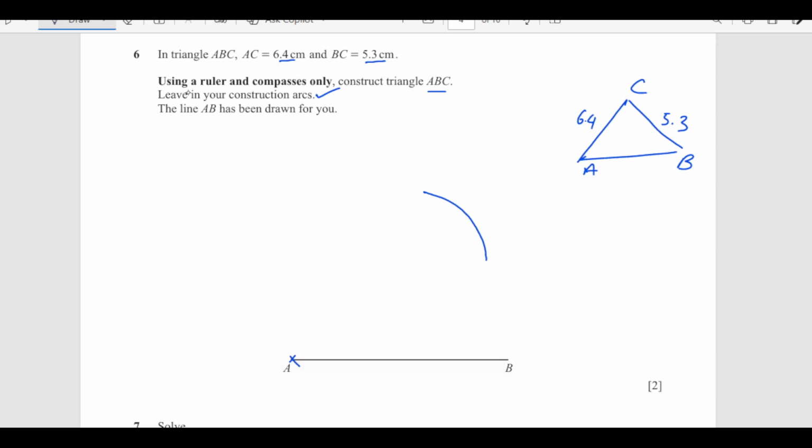Then you place your needle at point B and open it to 5.3, and you will see they intersect somewhere. Now you join this like this. So this is 6.4 centimeters and this is 5.3 centimeters, right? That's how you will complete this question.